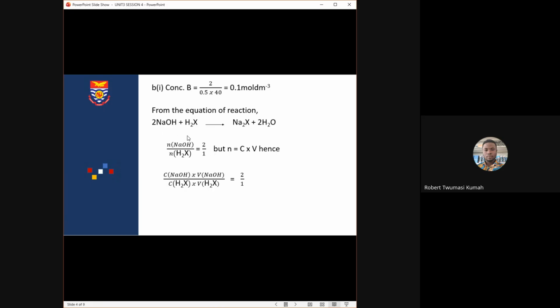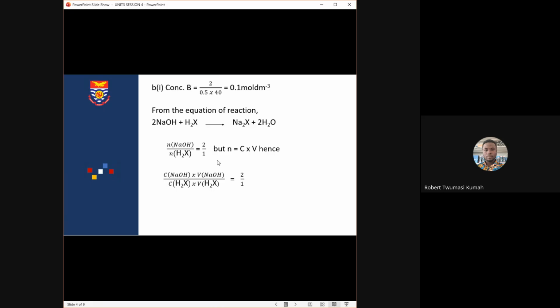There is 2 here, so 2, and here is 1, so 1. But we know that n equals C times V. So we can now say that C of NaOH times V of NaOH over C of H2X times V of H2X equals 2/1.